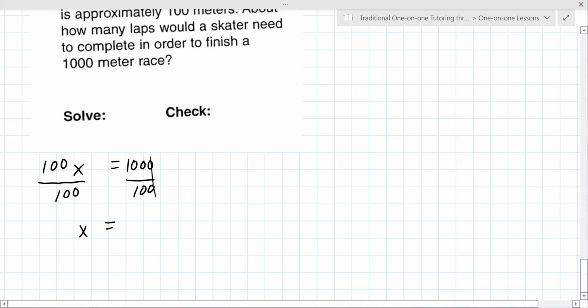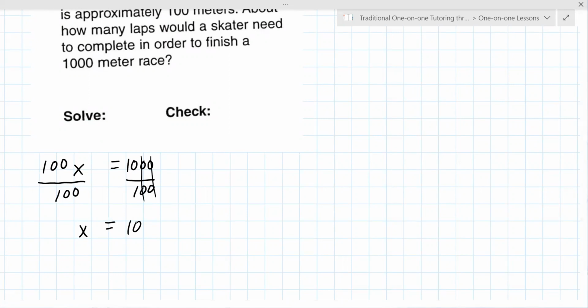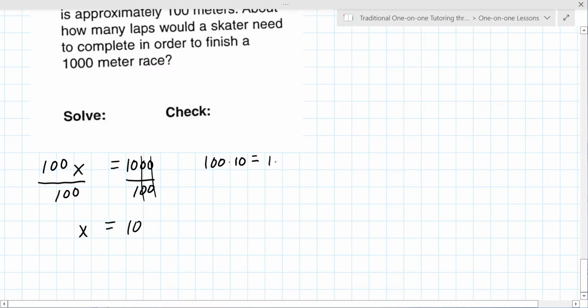And you can see when you divide by 100, you cancel the zeros and you get 10. But that's of course why you're checking it, because when you check it, you'll see that 100 times 10 is the right answer, because they equal the same thing.